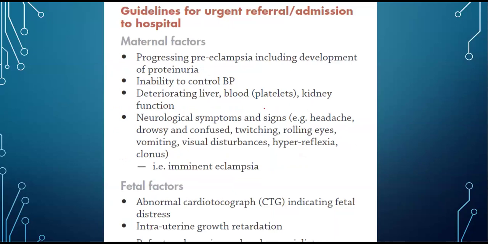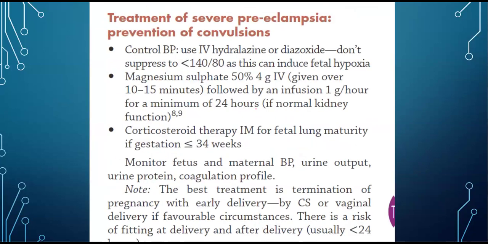Okay, so let's talk about a few other things. Treatment. First of all, when you get a patient with preeclampsia, you need to first find out, is it a mild preeclampsia or a severe preeclampsia? That's the first thing, because the treatment is different.